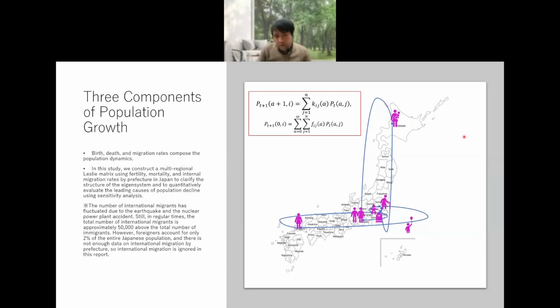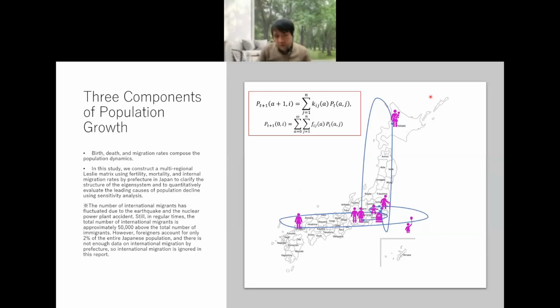Still, in regular times, the total number of international migrants is approximately 50,000 above the total number of immigrants. However, foreigners account for only 2% of the entire Japanese population, and there is not enough data on international migration by prefecture. So international migration is ignored in this study.